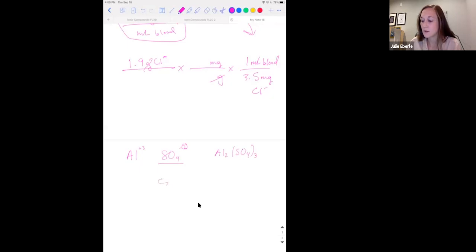So it's C2H3O2 minus, or sometimes you'll see it like this, CH3COO minus. Either way, it's the same thing, same number of carbons and hydrogens and oxygens. But aluminum is still our cation.